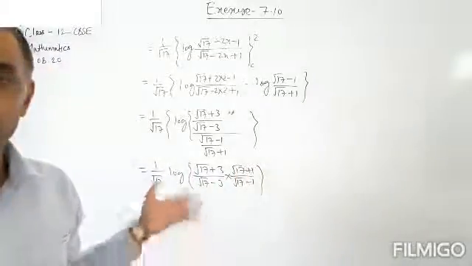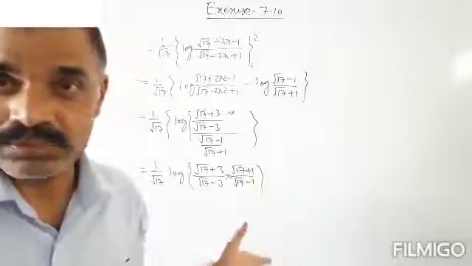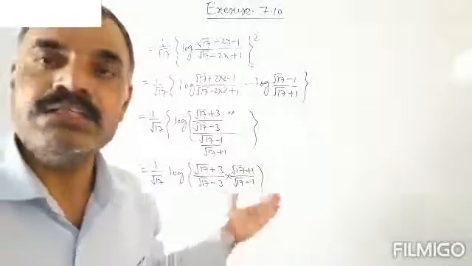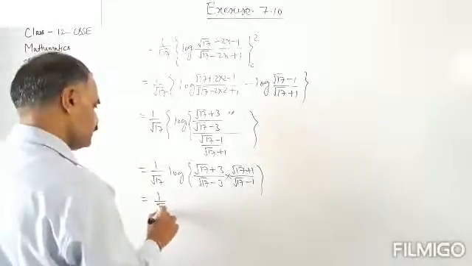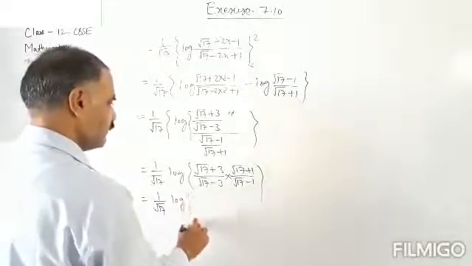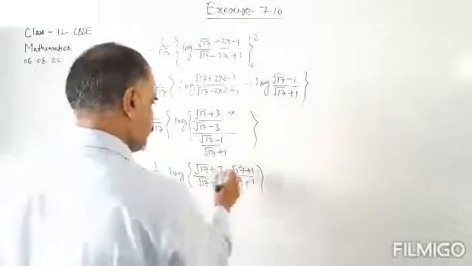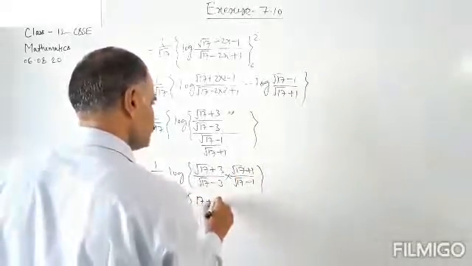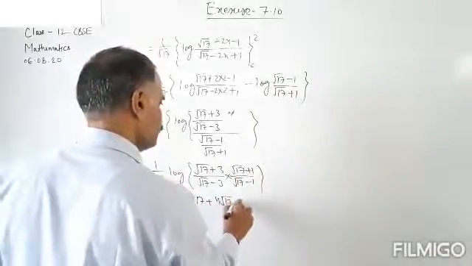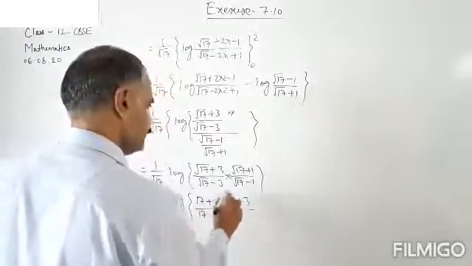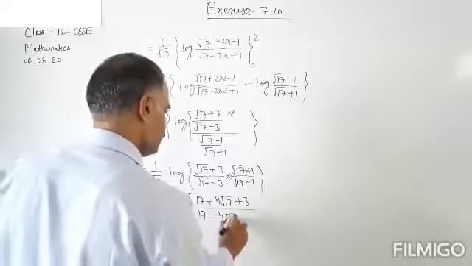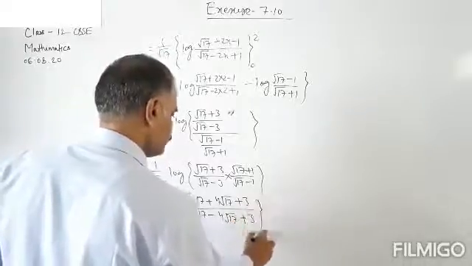You may leave this here as the answer or you may solve this further. Okay, so this is equal to 1 by under root 17 log. After multiplying this, we will have (17 plus 4 under root 17 plus 3) upon (17 minus 4 under root 17 plus 3).